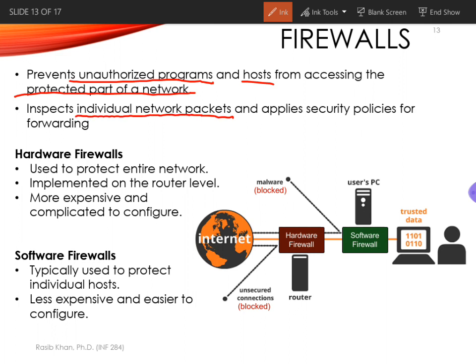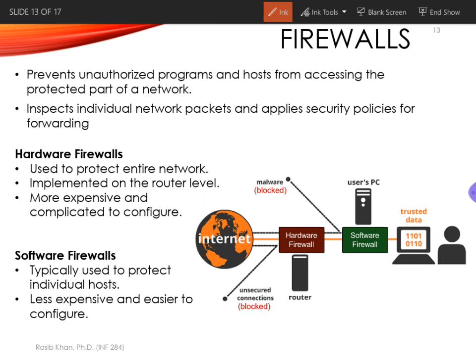Each and every packet that is sent to the private network goes through the firewall, and the firewall then applies various policies before the packets are actually forwarded into the network or outside of the network. So it is filtered and inspected on a packet by packet basis.